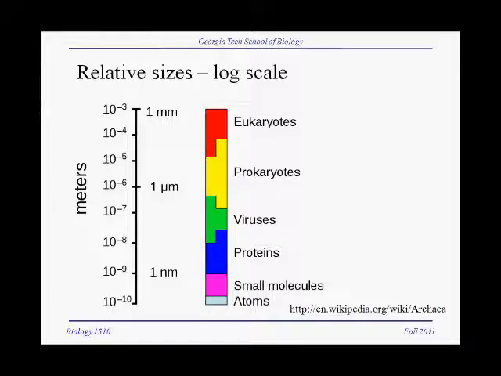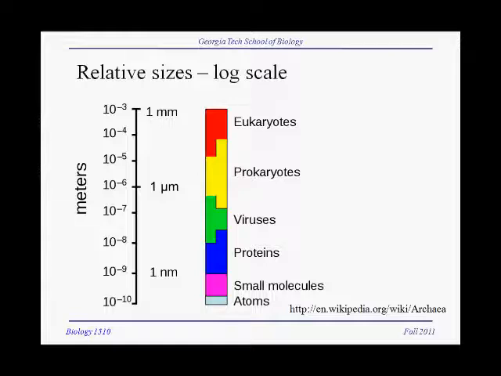So let's go on to contrast prokaryotes with eukaryotes. One of the obvious differences is cell size. Prokaryotes in general are smaller than eukaryotic cells.